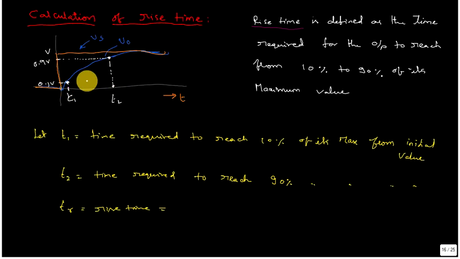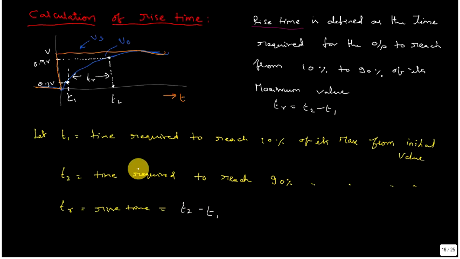So rise time TR is the difference between these two times, the time required for the output waveform to reach from 10% to 90%. So TR is T2 minus T1.